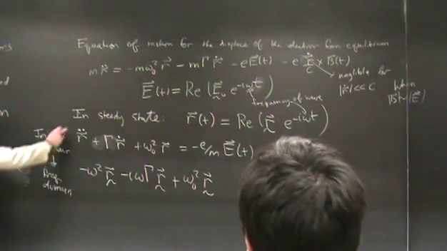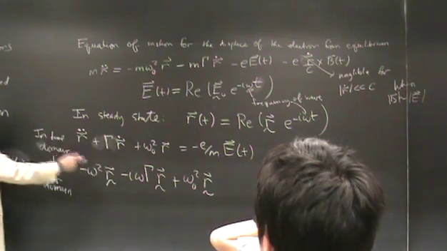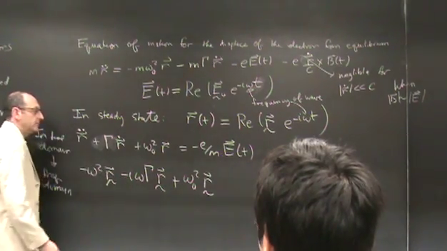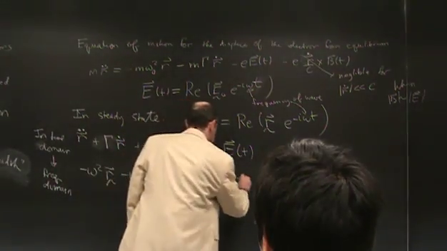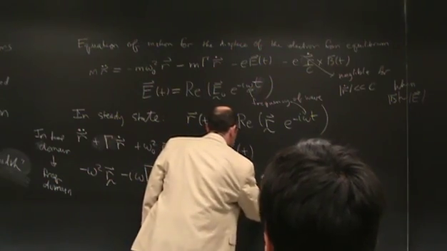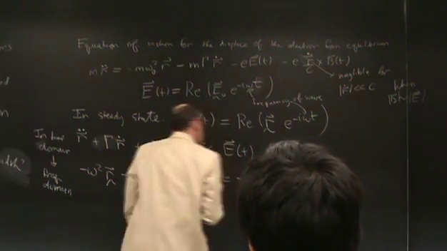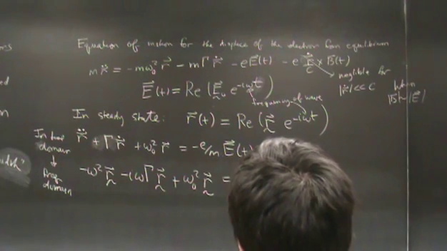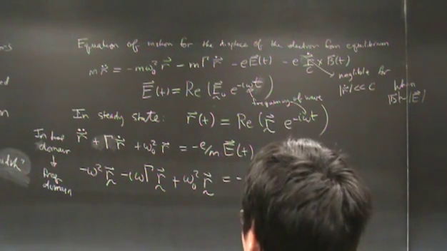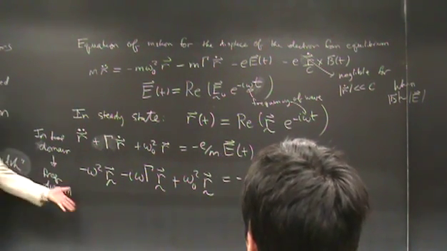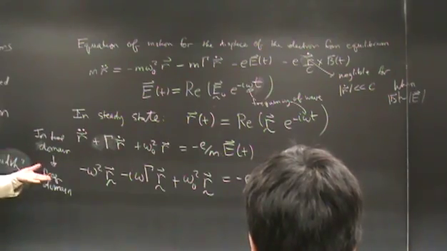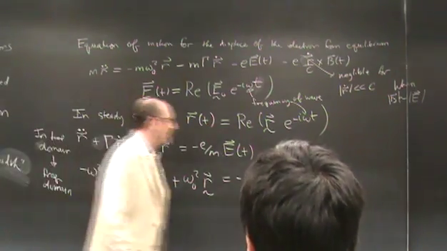So every time derivative becomes a multiplication by i omega, and this is equal to minus e over m E0. So we love the Fourier domain because derivatives become multiplication, and we love multiplication. I'm going to get a t-shirt that says that.